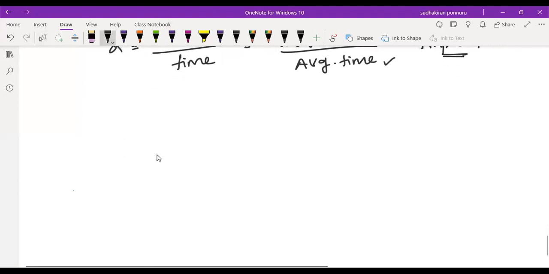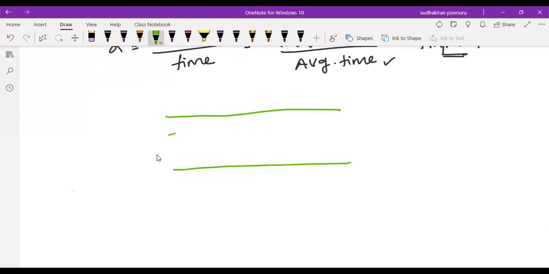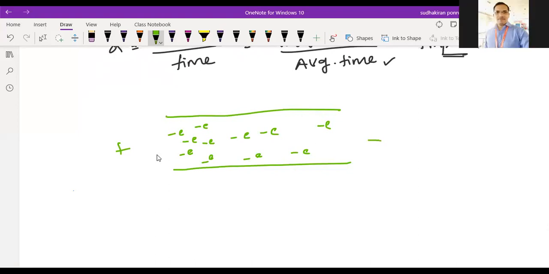See here, suppose we have a conductor, a copper conductor. I told you that electrons are very free to move, and they are available throughout the entire conductor. Now we apply a potential between these two ends. Because of this potential, the electrons will start moving with some velocity.